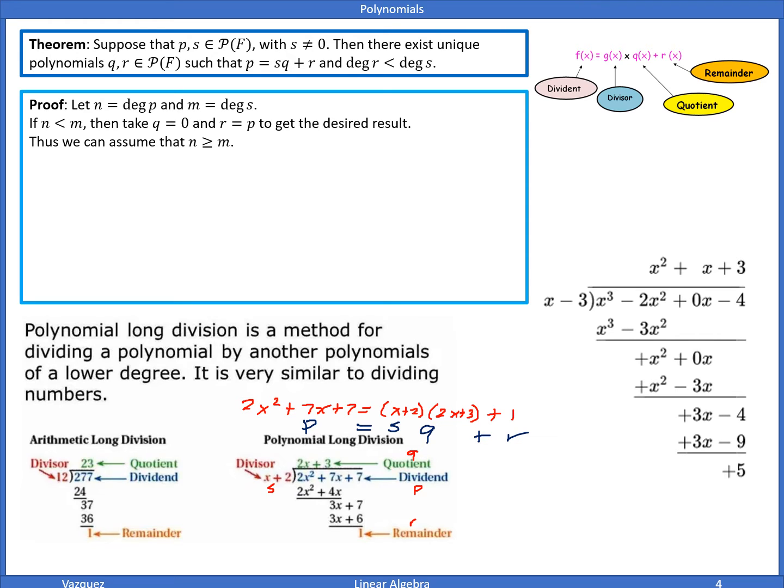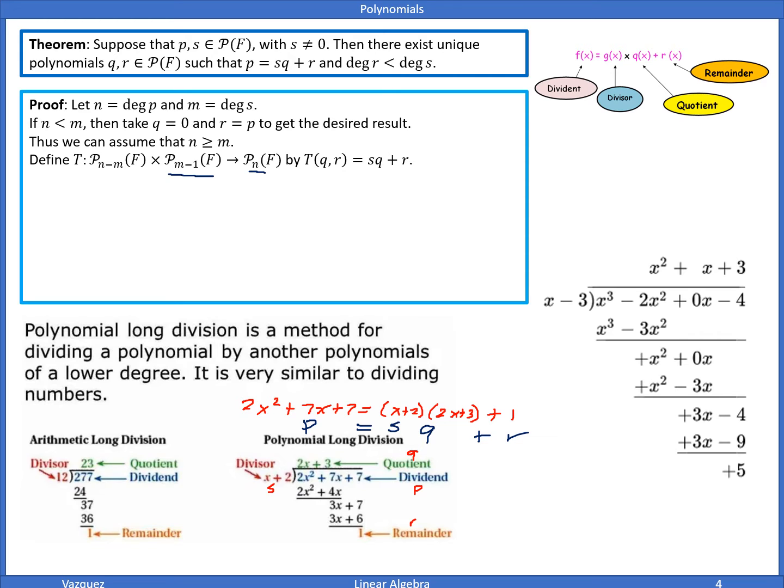We can assume now that n is greater than or equal to m. We're going to define a linear transformation T from the product of these two polynomial vector spaces. Again, n minus m denotes the largest degree of the polynomials in that vector space, similarly with m minus 1.